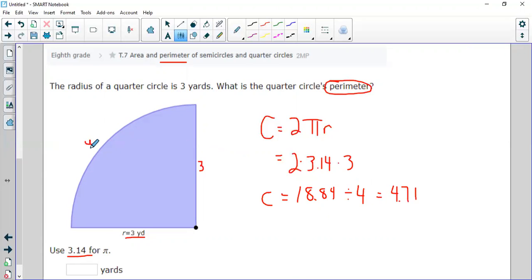This curved side is 4.71. So now to find the perimeter, add up all the sides. 4.71 plus 3 plus 3. That'll give me a grand total of 10.71 yards.